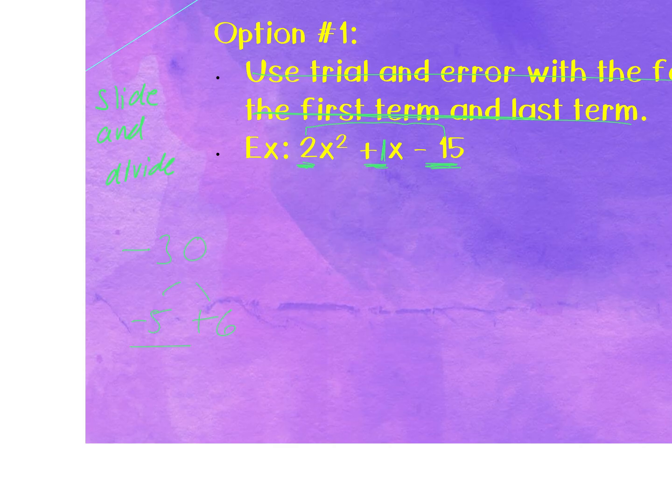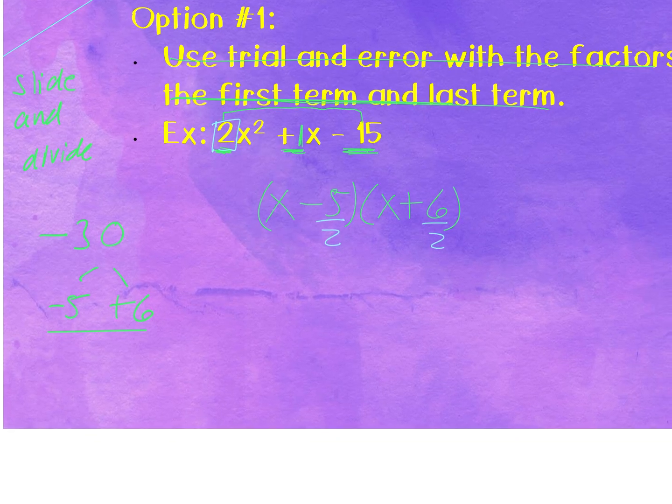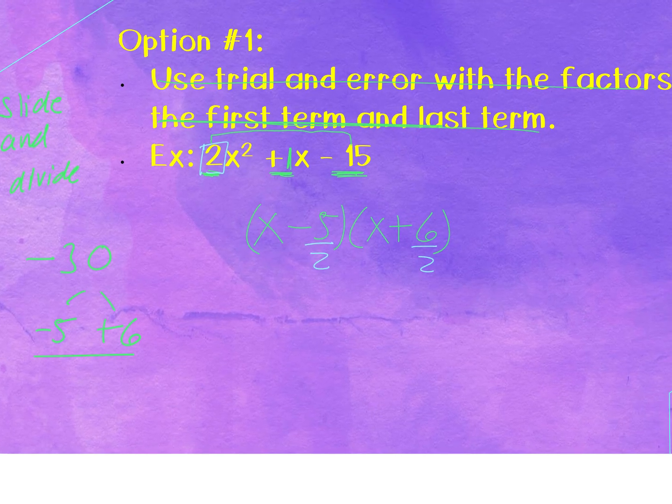Once I have those factors, I can still write it like x minus 5 and x plus 6. But keep in mind, I had a number in front of my x squared. I'm going to divide both of these numbers by that number in front. If it simplifies, you would simplify it.